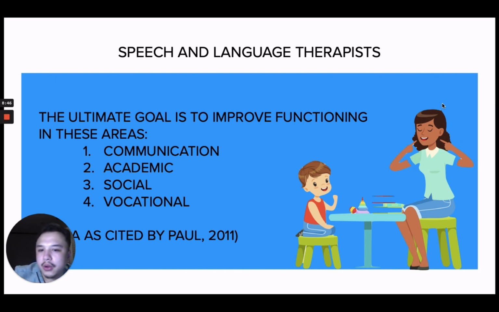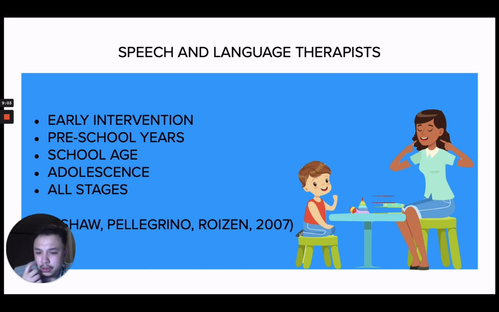Now, the ultimate goal, as cited by Ray Paul in 2011, is to improve functioning in these areas: communication, academic wise, social, and vocational. So this is the target for us speech language therapists, right? So we focus on early intervention, the preschool years, school age, adolescence, and all stages, nonetheless.